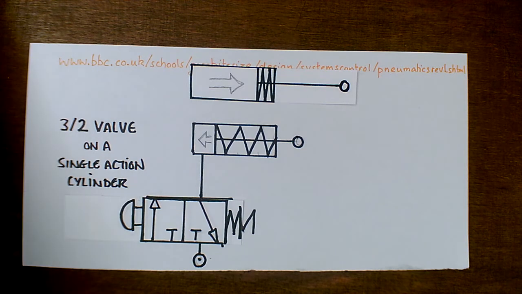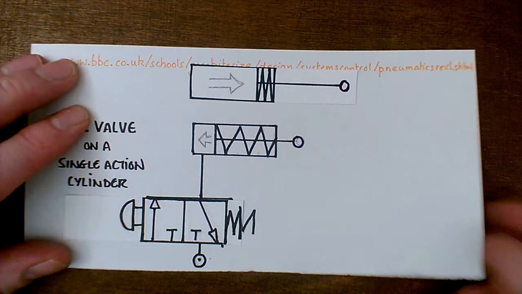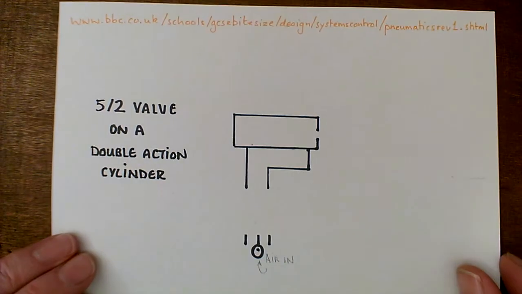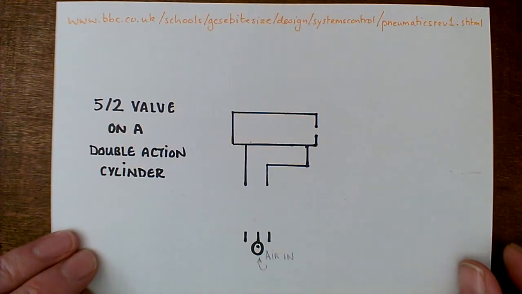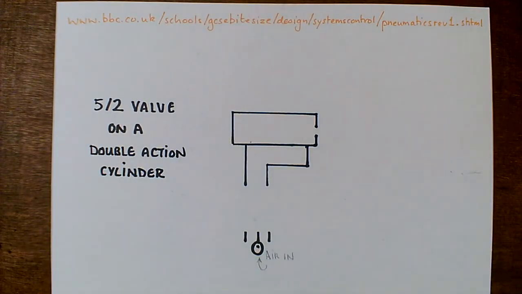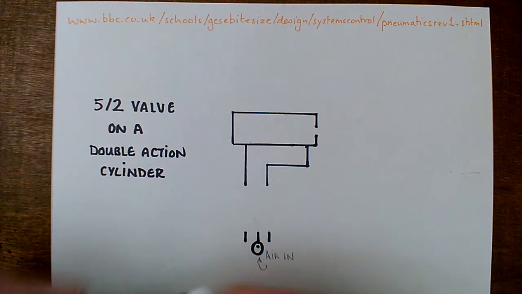Okay, so now what we're going to do is have a look at the 5-2 valve. So we'll put this model out of the way and bring in our 5-2 valve. And again, if you want to revise, this is a really good way of helping you revise and understand by actually building a model.